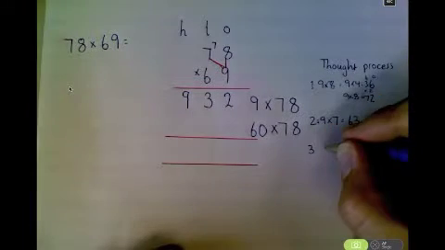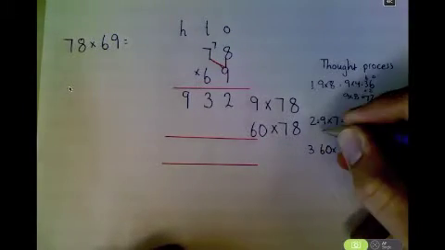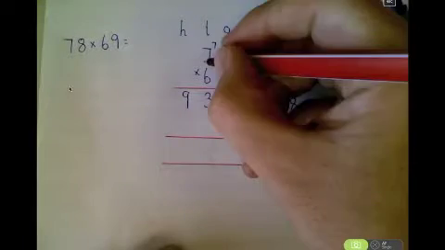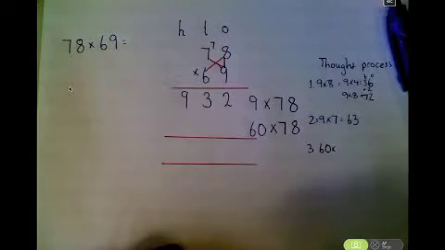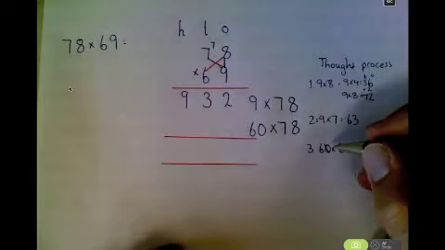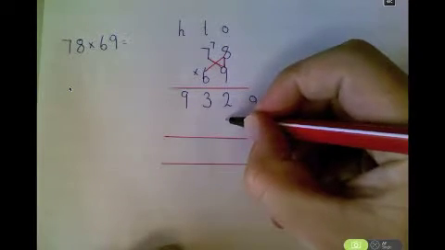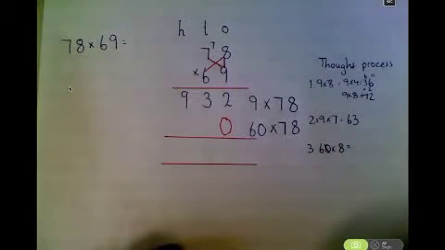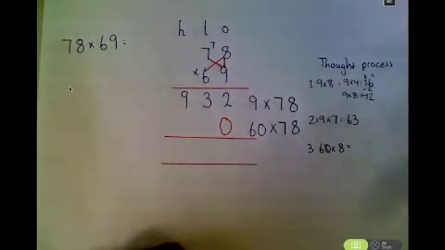Our next step is the 60 times 8. Oh, we need to make sure that we put in our magical 0, because whenever you're timesing anything by the tens, 10, 20, 30, 40, 60, 70, 80 or 90, it always ends in a 0.